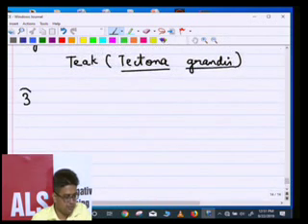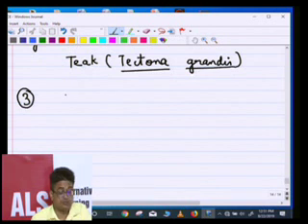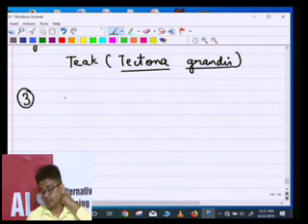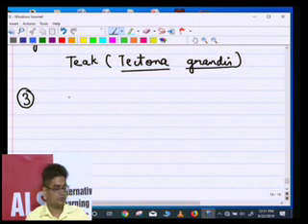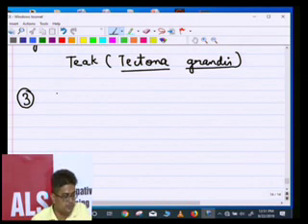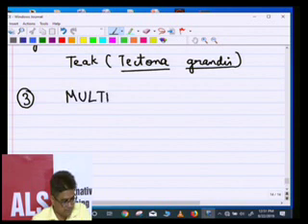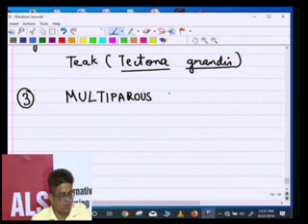Third very good example is not an example of biparous cyme. Third type is multiparous or polychasial cyme.